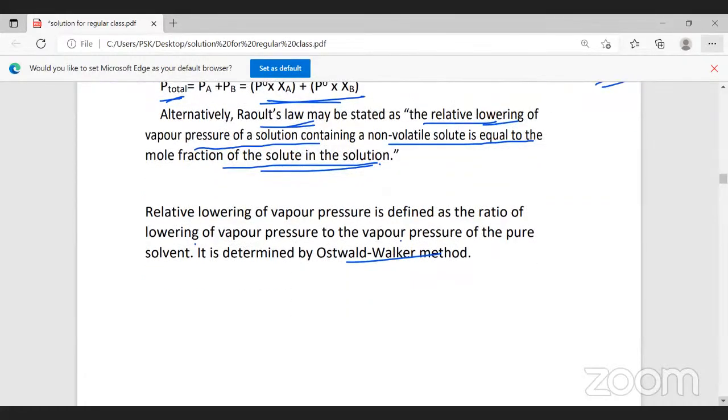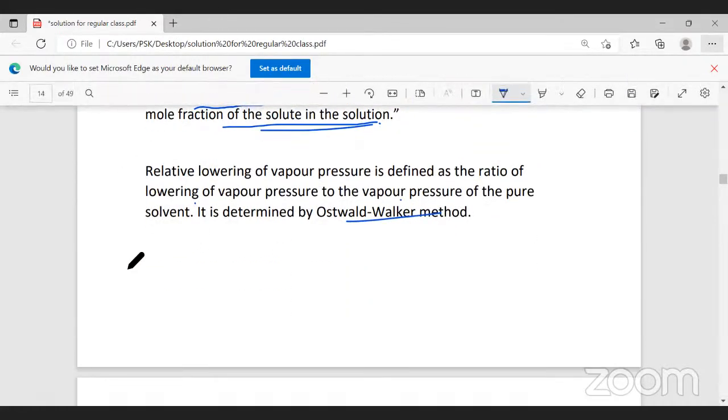Now we will try to understand what is relative lowering of vapor pressure. How do we represent the vapor pressure of a pure component, a pure solvent? It is P naught.